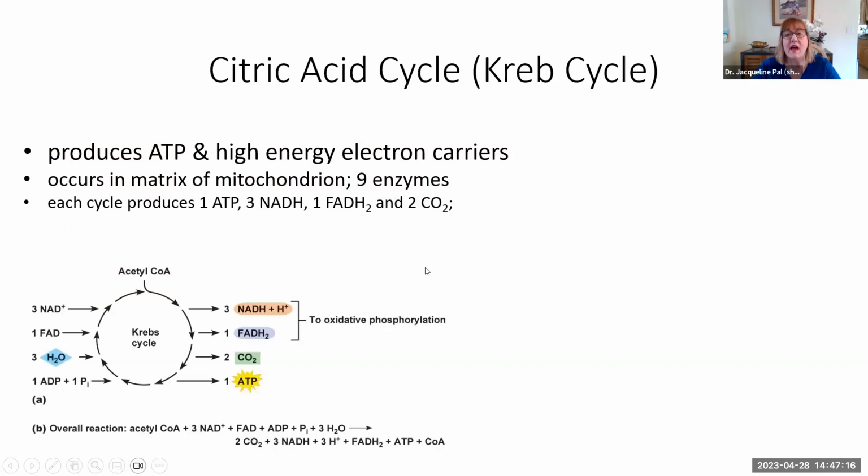All right. Now we're into the second step, the citric acid cycle or the Krebs cycle, where we're going to make more ATP, more electron carriers. This is still in the matrix. It's got a bunch of enzymes.